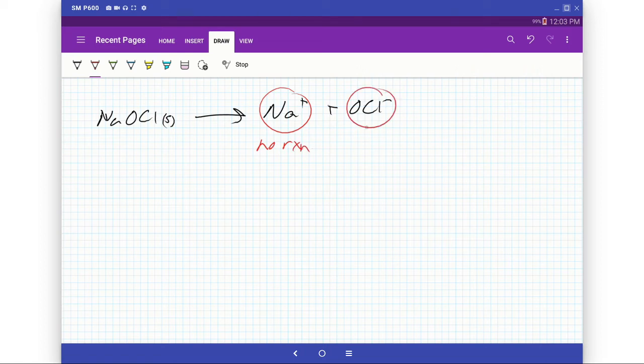However, OCl minus is the conjugate to HOCl. This is weak. So OCl minus will hydrolyze in solution to give hypochlorous acid plus hydroxide. And so if we were to dissolve sodium hypochlorite in solution, we are going to get a basic solution.